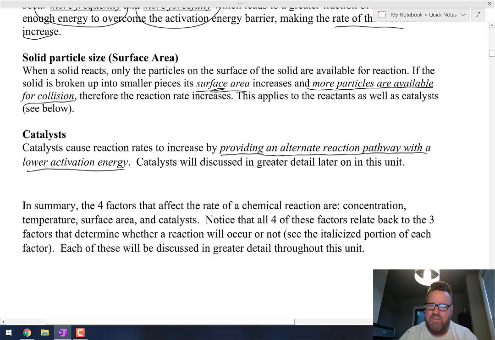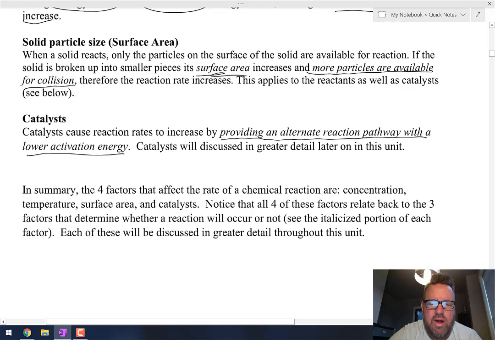And do they have enough energy to overcome the activation energy barrier? Those are our 3. Is the reaction going to happen? And then when we talk about what makes the reaction go faster, concentration, temperature, surface area, and catalysts, those 4 are all dependent on those first 3. And don't worry, this is not the end of any of this. We're going to continue talking about all of these.